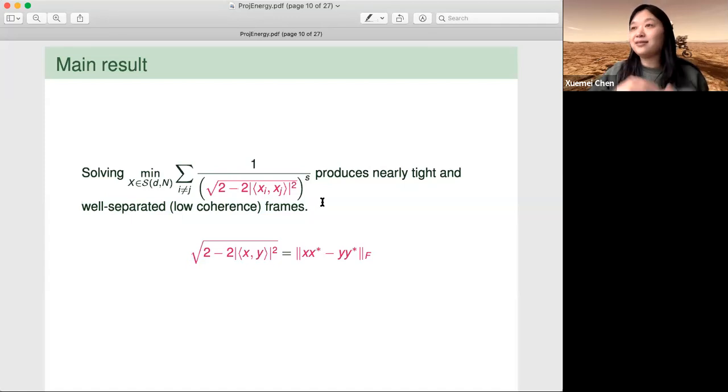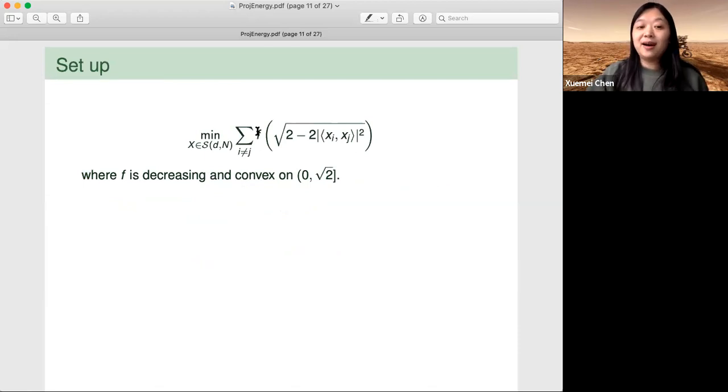When I do my setup or the theorem, I will make it a little bit more general. This kernel function f would be in terms of that projective distance. In general, we just require f to be decreasing, which is understandable, to encourage repulsion between the lines. And then we also require f to be convex.